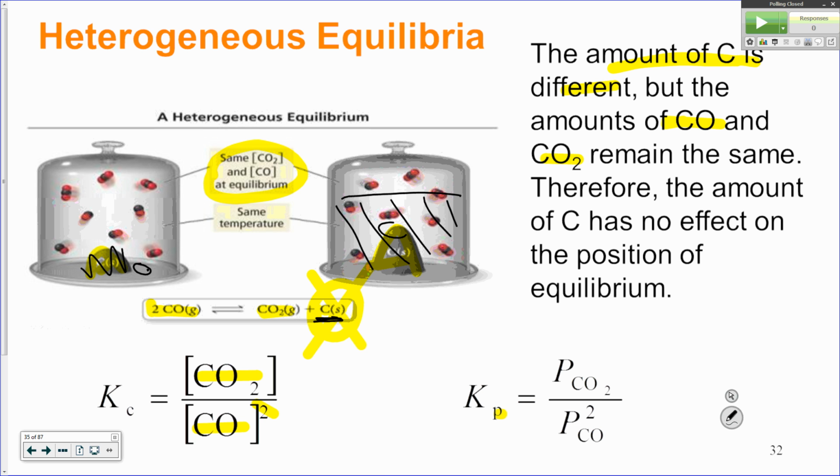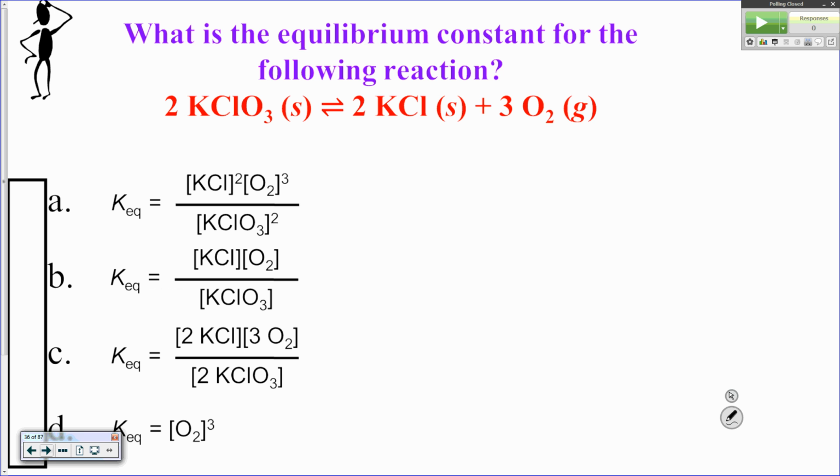Now, if I got rid of the solid, then it would shift. There's just got to be some solid present, but it doesn't matter how much. Okay? Easy enough? Just remember to look for the phases.